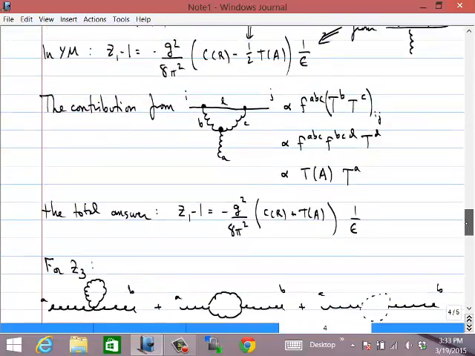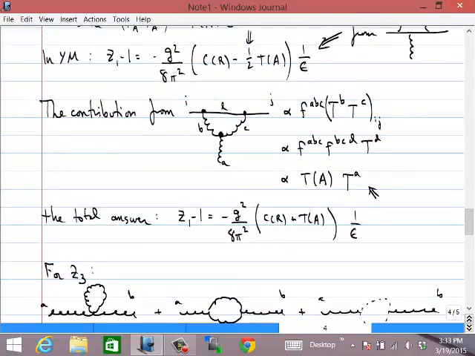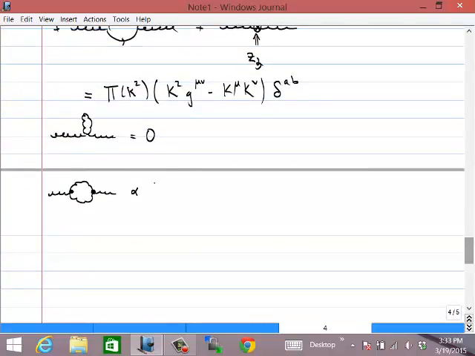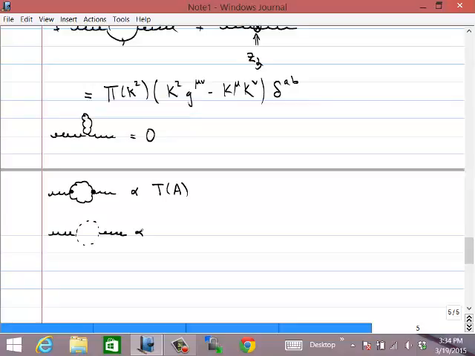So just as in this calculation right here, where you had 2 powers of f that are contracted together, you'll get something proportional to T of A. Whereas when we do the ghost field, the ghost field also transforms in the adjoint. That coupling is also proportional to f^{ABC} for each one of those interaction vertices. So you'll also get something proportional to T of A. And I guess I should say there's a delta AB here, because there are free group theory indices.